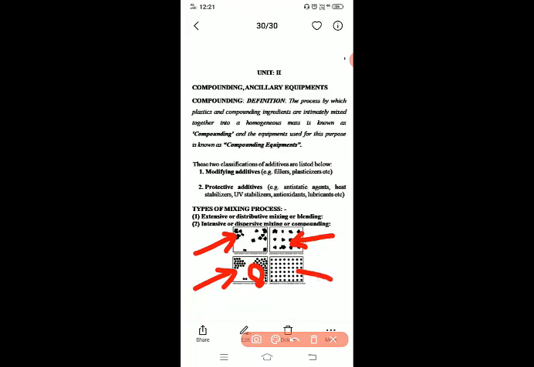But in the final figure, it shows both the distribution and the dispersion of the fillers are very good. So our ultimate aim is to mix the compounding ingredients and the plastics in a well dispersed and distributive manner, like that shown in this figure.